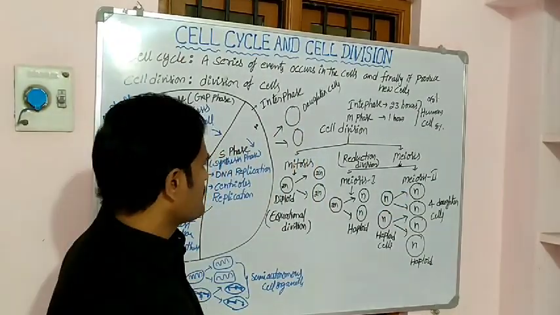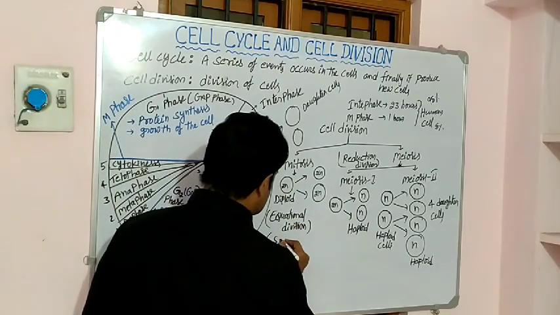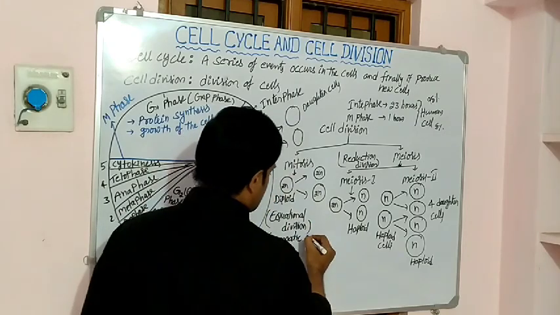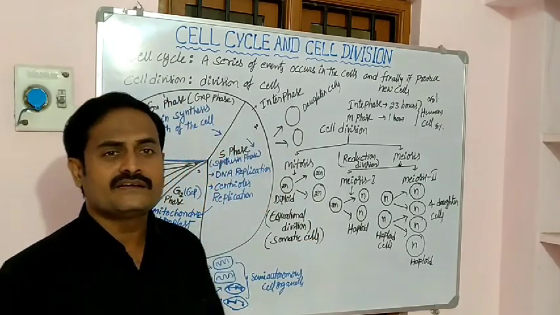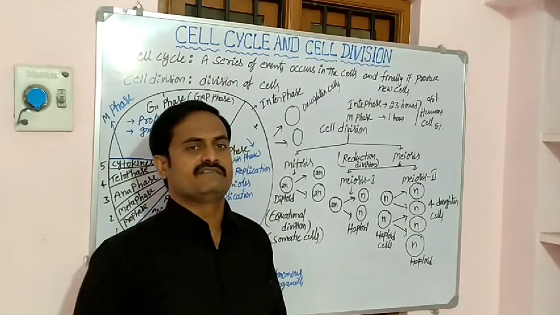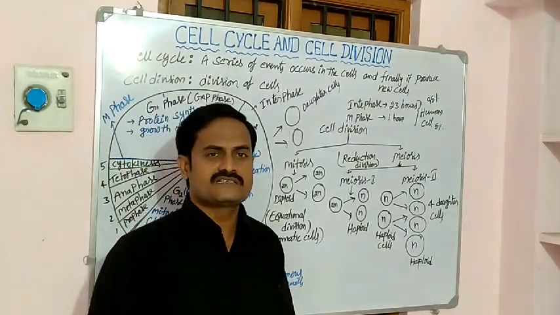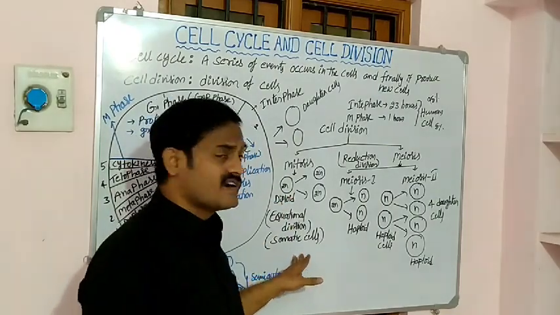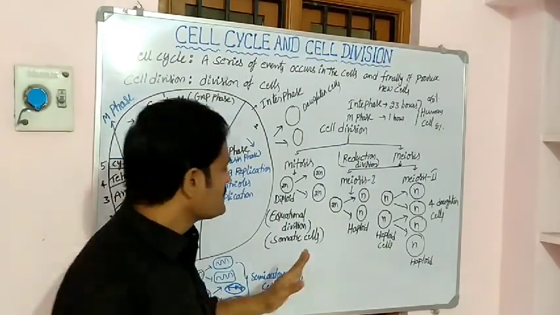See, you have to remember one thing. Mitosis occurs in the somatic cells in our body. Somatic means except male and female cells, all cells: liver cells, kidney cells, heart cells, muscle cells, skin cells. All types of cells together are called somatic cells or vegetative cells.